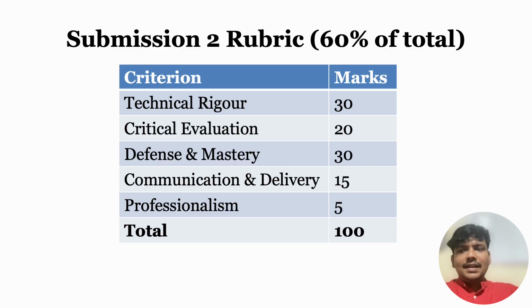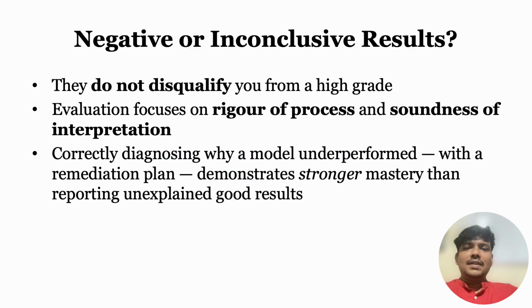Communication and delivery is 15. And professionalism, that is dress, punctuality, and conduct, rounds it out at around 5 marks. Together, that's 100. Scale to the 60%, which means 30 marks. This component contributes to the overall subject marks.